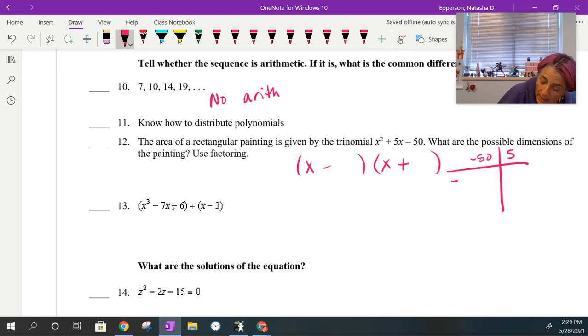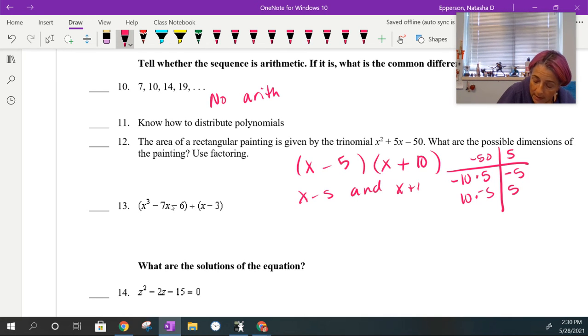So we have negative 10 times 5. Negative 10 plus 5 would give me negative 5. So if I do 10 times negative 5, then 10 minus 5 would give me positive 5. So my factors are going to be positive 10 and negative 5. So the possible dimensions of the sides are going to be x minus 5 and x plus 10, because we're only looking at the dimensions, not the value of x.